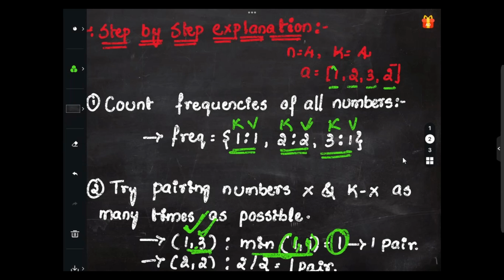Both frequencies are 1 and 1, so min of 1 comma 1 will be 1.